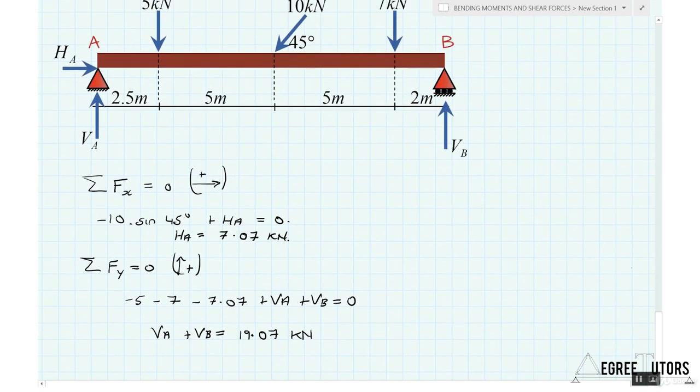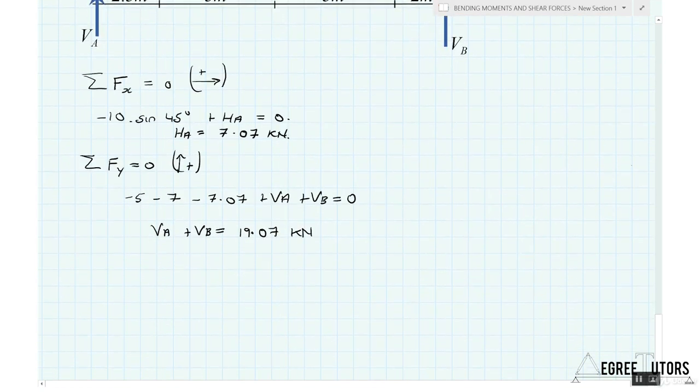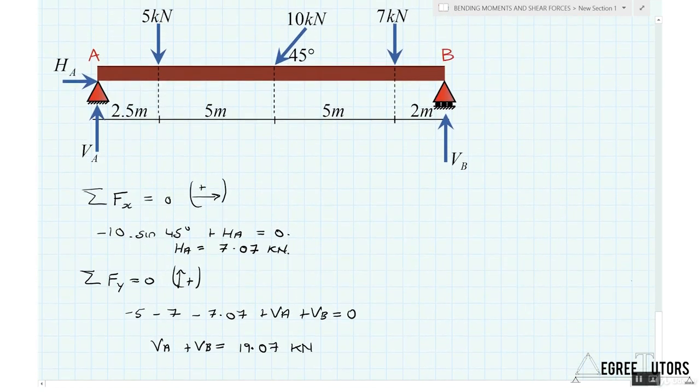So let's do that. Let's move over to the right hand side here so we can see the structure. The sum of the moments about point A must equal 0, and I'm going to assume that clockwise moments are positive.